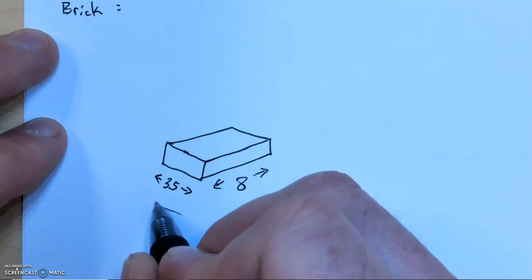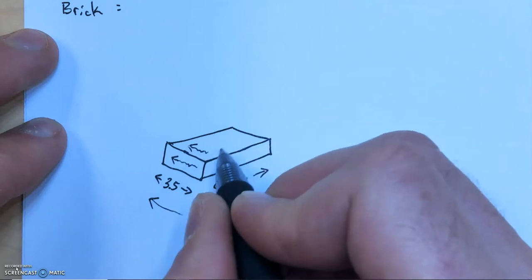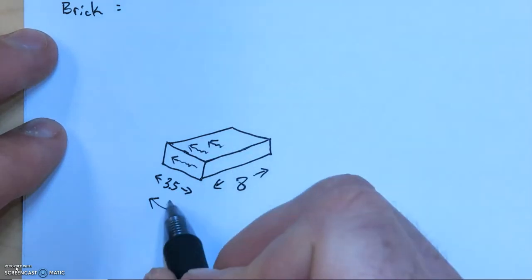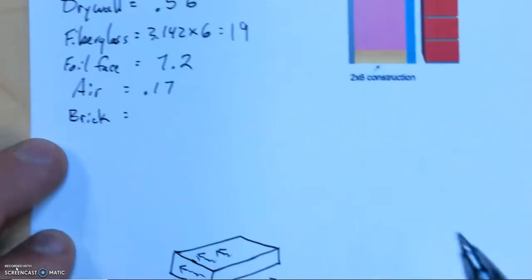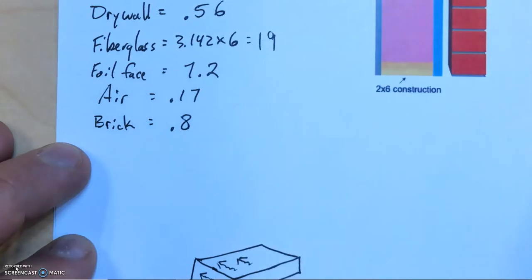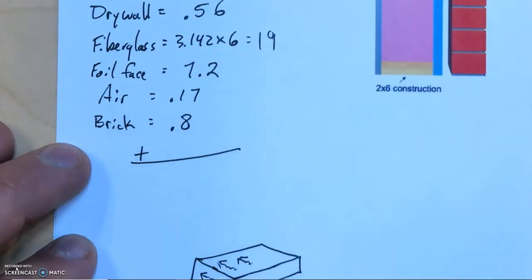This is the direction that the energy is going to go through to get through the brick. So that's how you figure that out. So we're just going to use a brick that's 4 inches, and that's going to be 0.8. All you got to do is add those together, and that's going to give you your R value. So add all those numbers together.